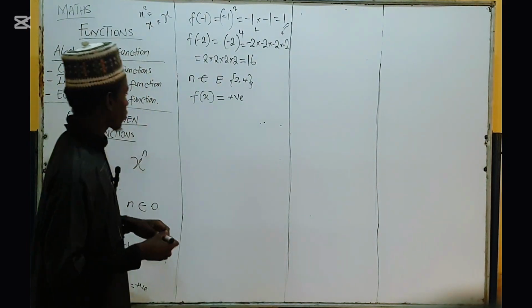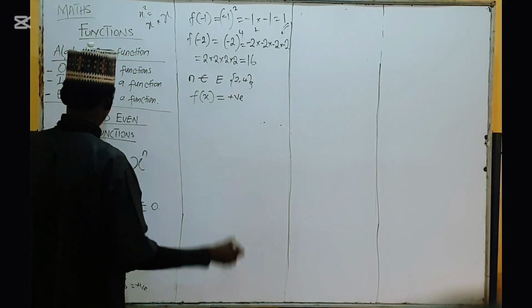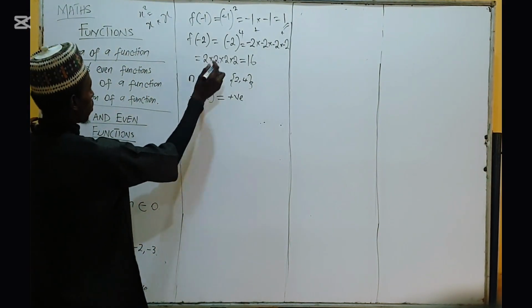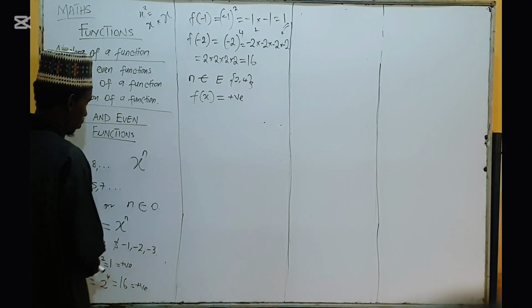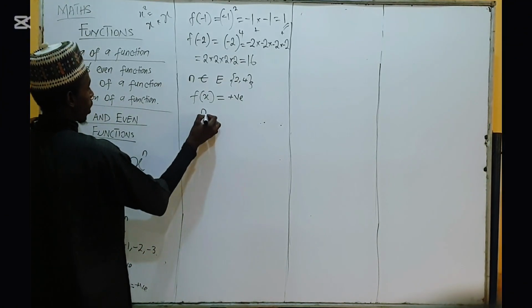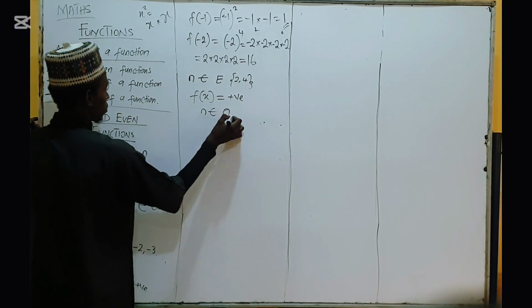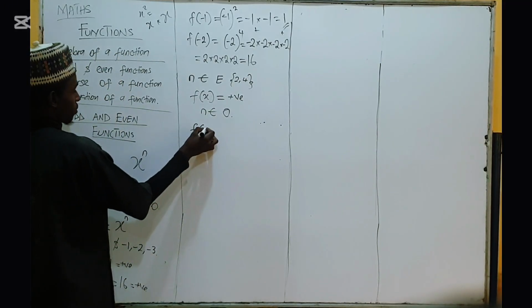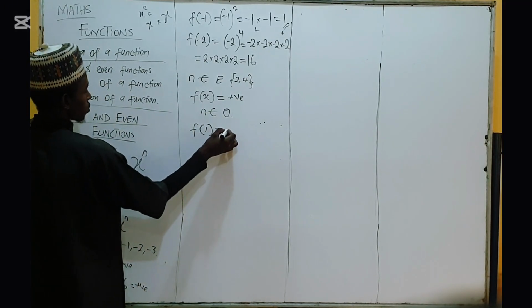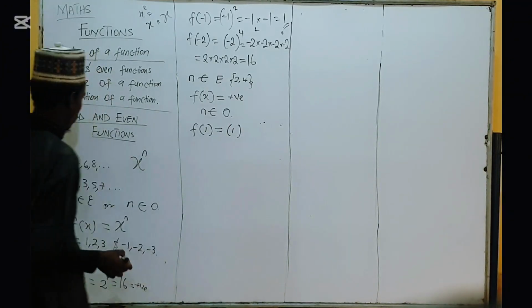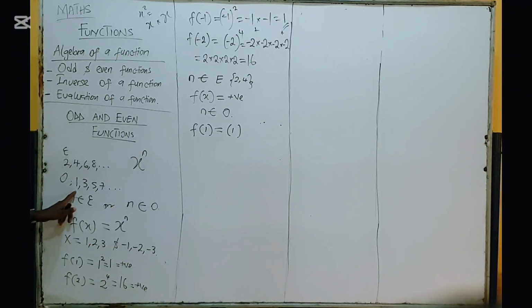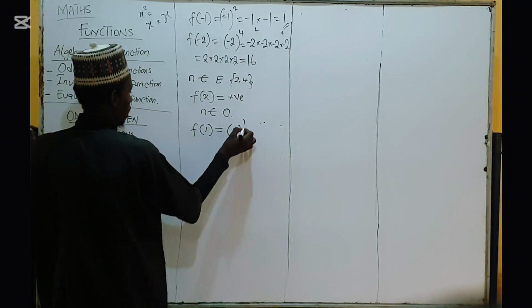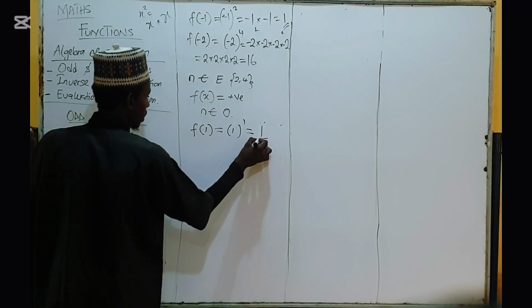Now, let us do the same for odd numbers. When n is from odd numbers, what happens? Let's say f of 1 is 1 raised to the power of 1, which is 1.